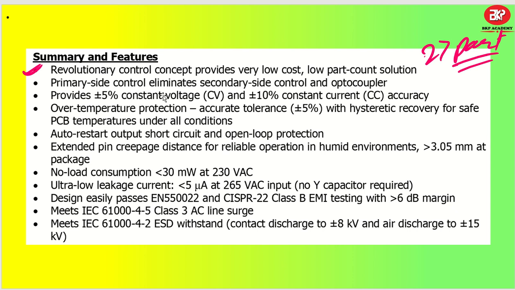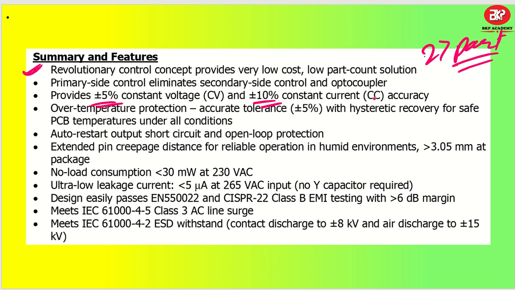Primary side control eliminates secondary side control and optocoupler, so there will not be a requirement of any optocoupler or any compensation circuits or secondary side control circuits. Those are all eliminated. We have plus minus 5% constant voltage as well as plus minus 10% constant current accuracy.